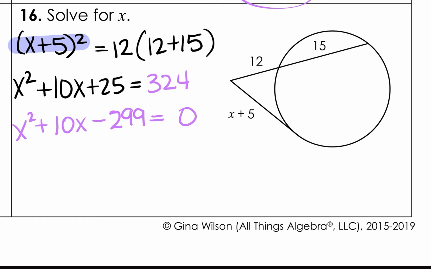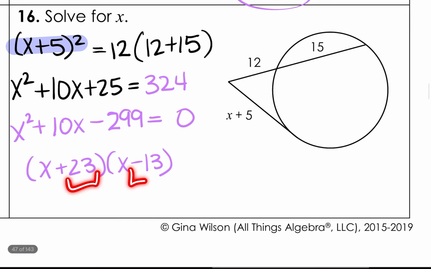You can use the quadratic formula, or you could factor this. It'd probably be a little difficult to find factors of 299 that would add to 10, but they do exist. The factors are 23 and negative 13. 23 times negative 13 is negative 299, but 23 plus negative 13 is 10.